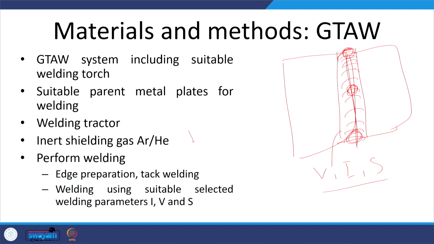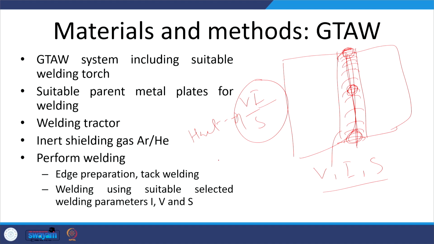So, here net heat input needs to be controlled accordingly to realize the through thickness penetration in single pass, and for that VI by S needs to be controlled in such a way that we are able to have this through thickness penetration. Okay. And we also have to assume a suitable thermal efficiency, or the amount of heat that will be transferred for actual melting of the parent metal.